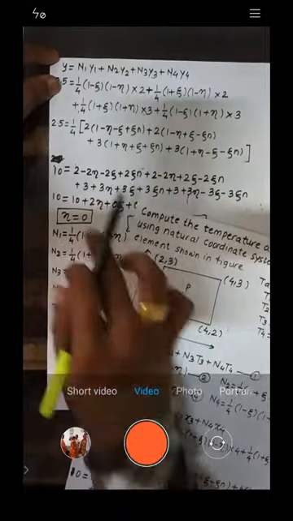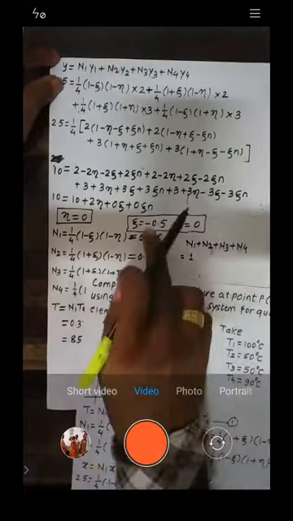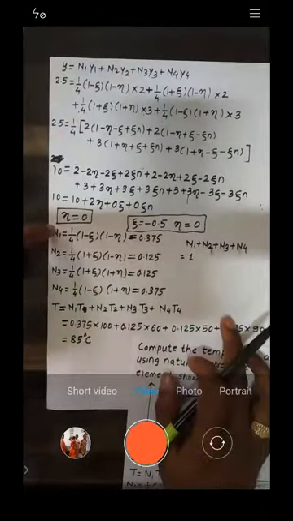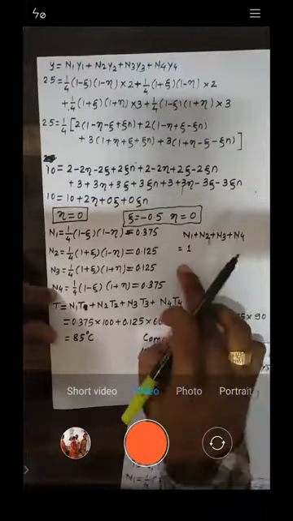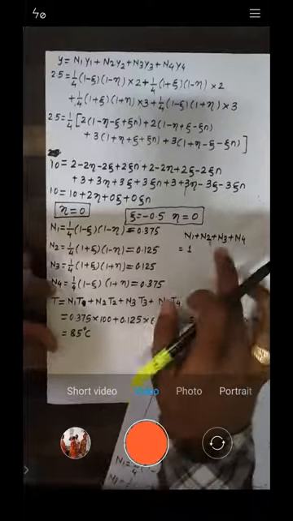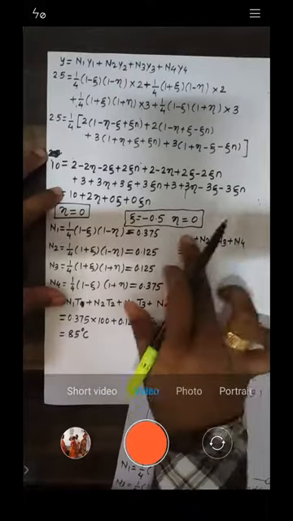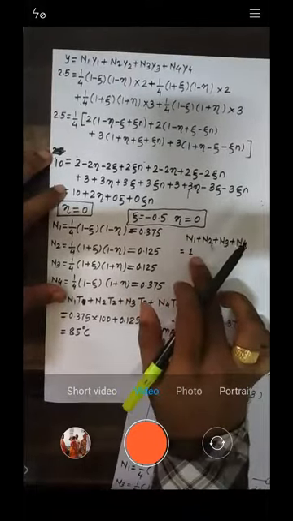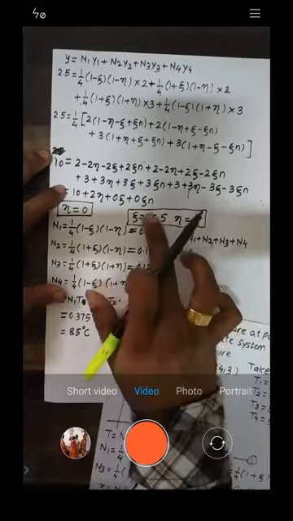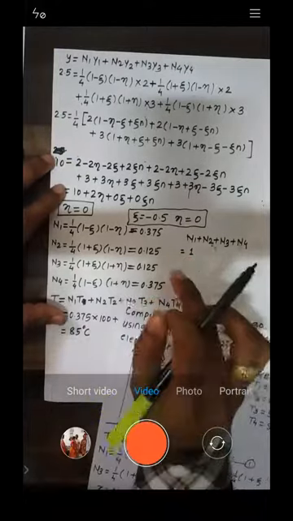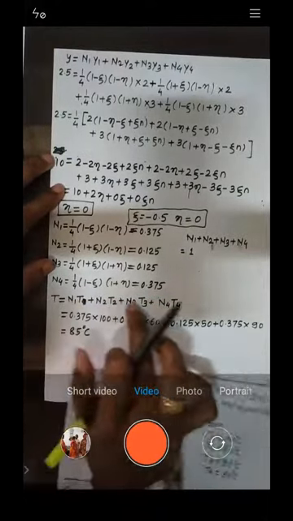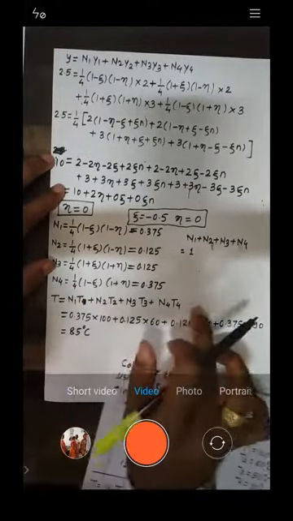Now once I have the values of zeta and eta, I substitute those values in the shape functions N1, N2, N3, N4 and calculate them. After that, I check whether the sum is 1 or not. It was coming 1. That means the values of zeta and eta which I have calculated are correct. And after that, I calculated the temperature at point P by using this formula.